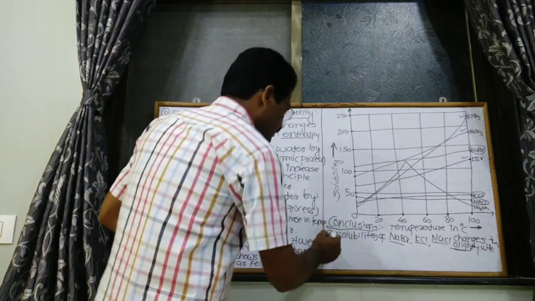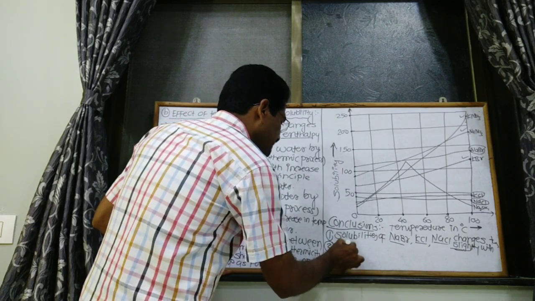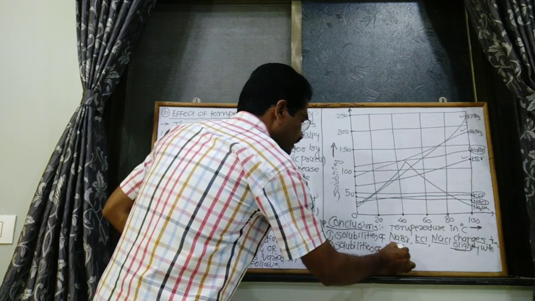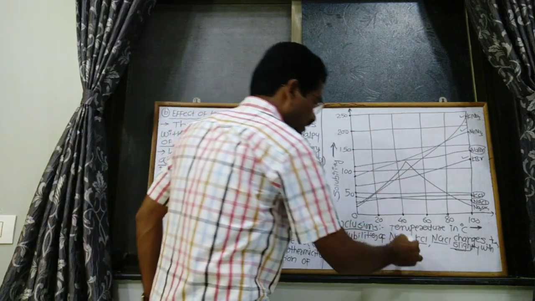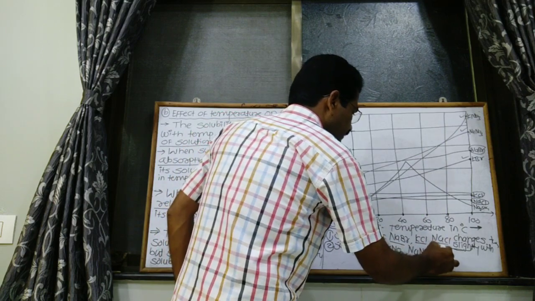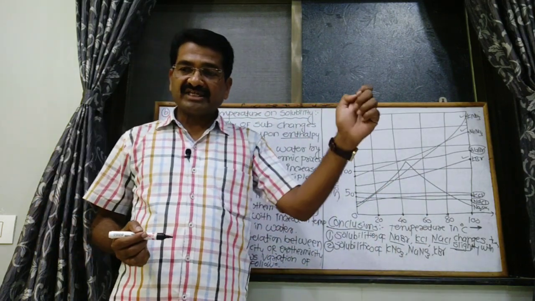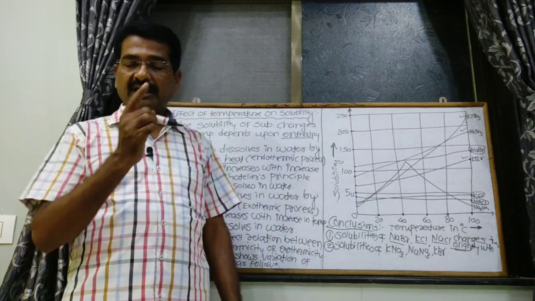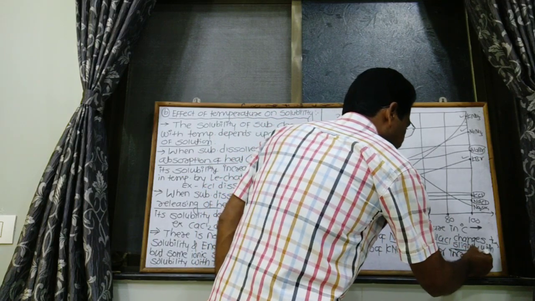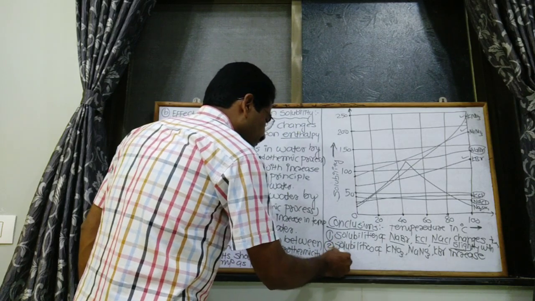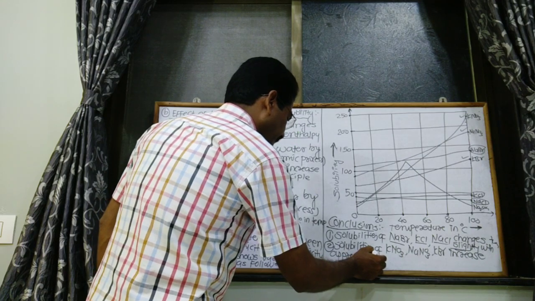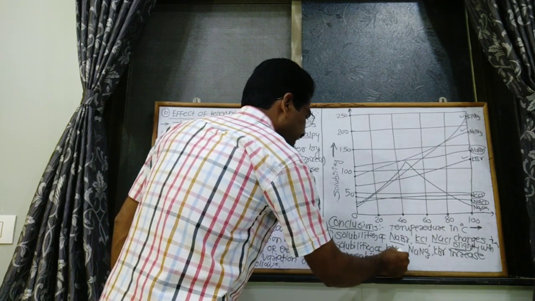So see the second conclusion: solubilities of KNO3, potassium nitrate, NaNO3, sodium nitrate and KBr increase appreciably with the increase in temperature.